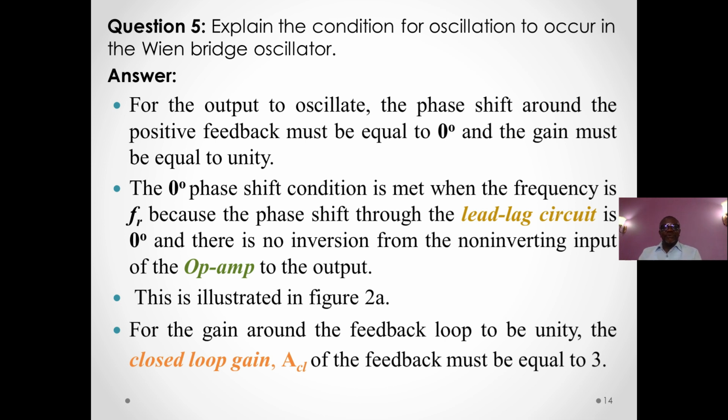Now, this 0 phase shift condition is met when the frequency is at FR, the resonant frequency, because the phase shift through the lead lag circuit is 0 degrees and there is no inversion from the non-inverting input of the op amp to the output. We see that illustration. For the gain around the feedback loop to be unity, the closed loop gain of the feedback must be equal to 3.